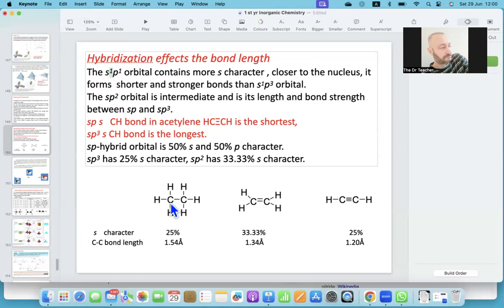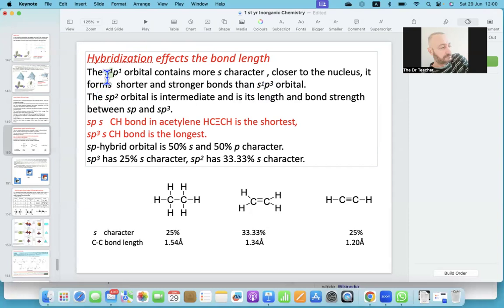Here we have two central atoms, but in NH3 or CH4, for example, in CH4 the carbon uses one electron in s and three electrons in p. It can form 4 bonds with 4 hydrogens.